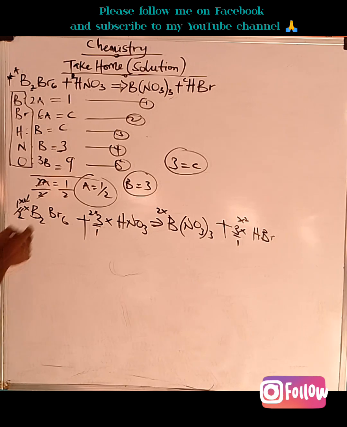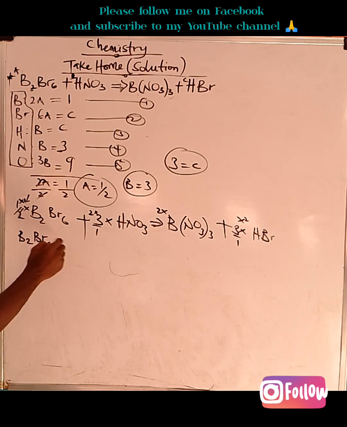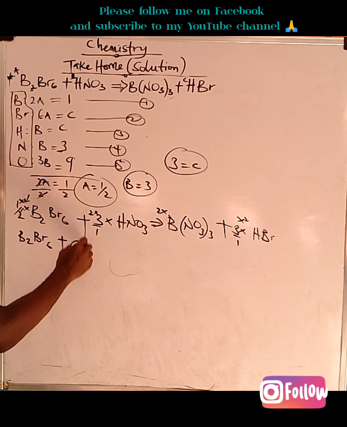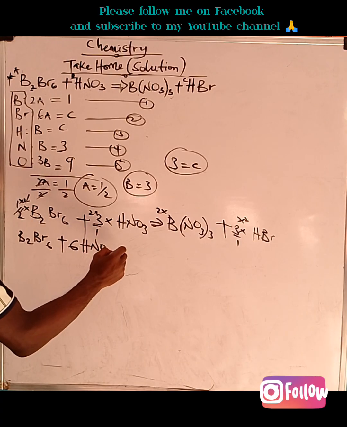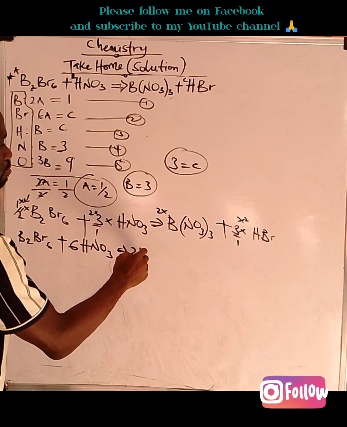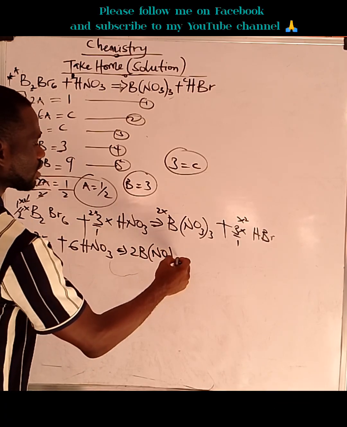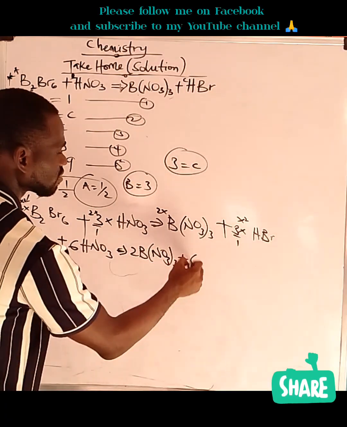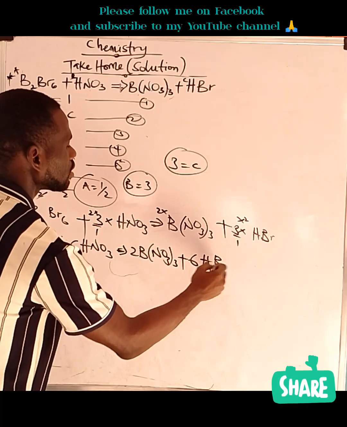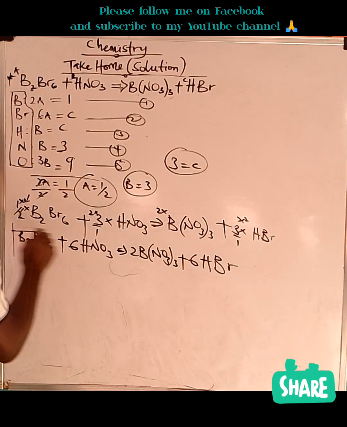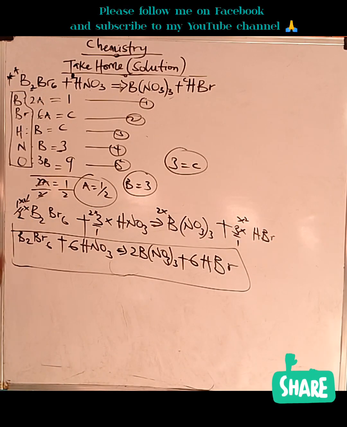So 2 takes out 2 here. We have B2BR6 plus 6HNO3 equals 2BNO3 with a smaller 3 out there. Then 3 times 2 is 6, 6HBr. So the equation is balanced now.